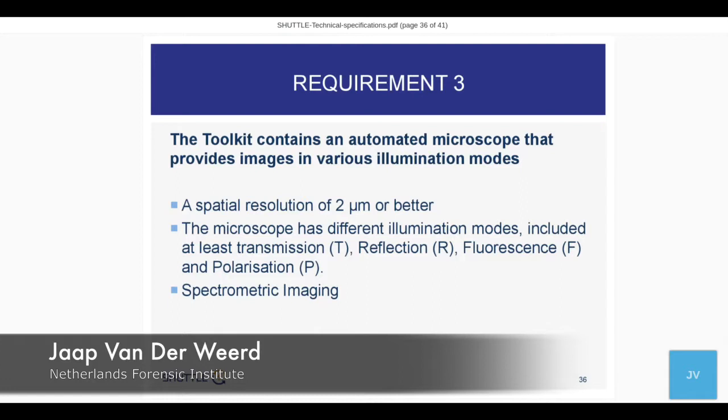Polarization is a difficult one because of the orientation that cannot be changed in tapes. We think it is possible to make the polarization microscopy orientation independent. Polarization would really help in identifying materials. So sand and glass have different polarization.